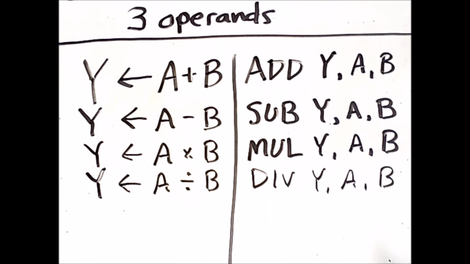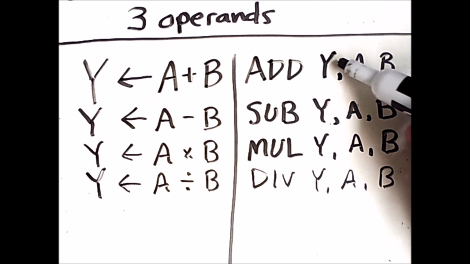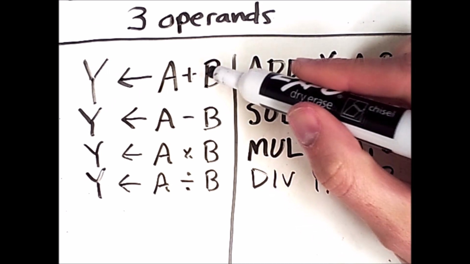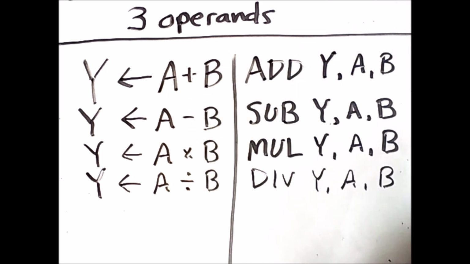But each of these instructions is the same. The first operand is always the destination of the operation, and the next 2 operands are the 2, what we would say, traditional operands in an arithmetic sense to these specific arithmetic operations.